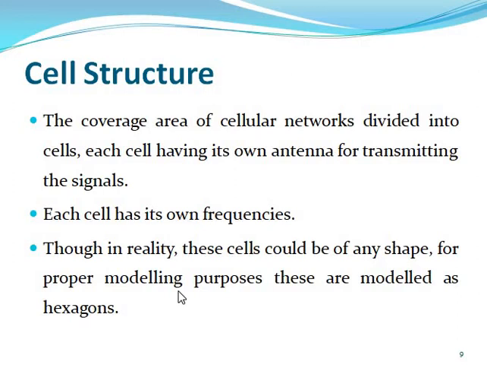So each cell has an antenna, and the antenna is established for communicating the signal in the hexagonal layout. So how do you establish the antenna, so that cells can communicate with each other easily?